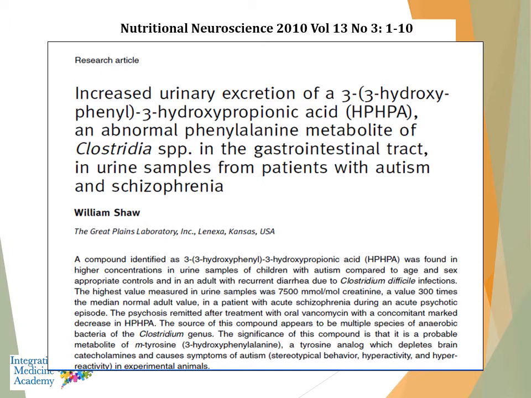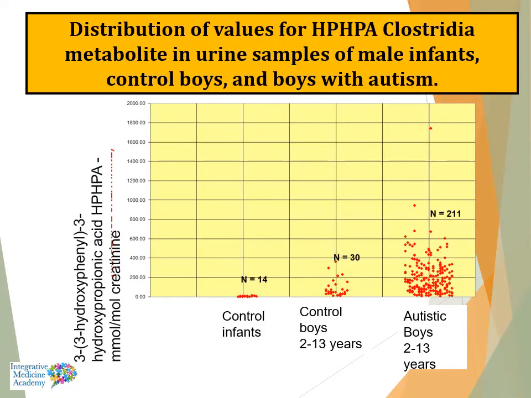This is a case analysis of a young woman who had acute schizophrenia and psychosis that was treated with a short course of vancomycin and completely eliminated her psychotic episode secondary to schizophrenia.